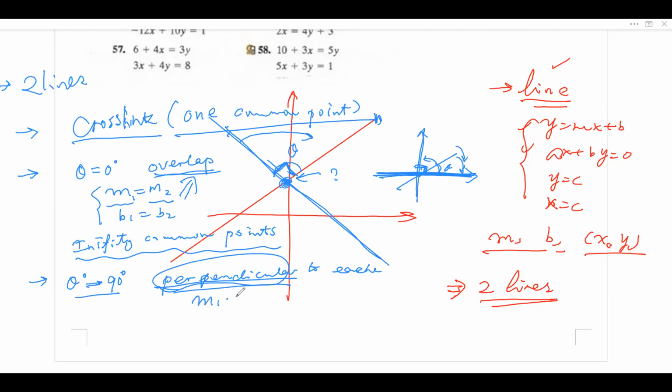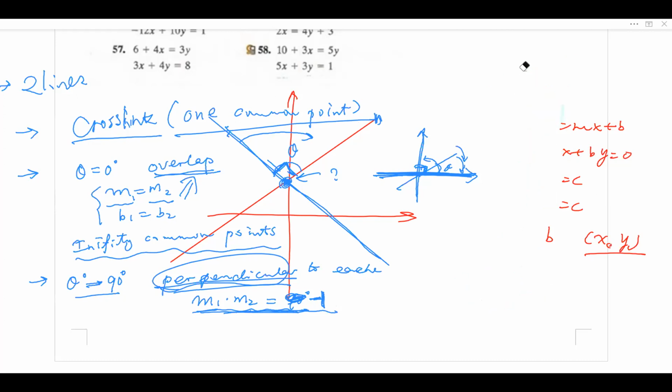The product of the two slopes is -1. So we can judge based on the slopes: if the product of these two is -1, they are perpendicular to each other.